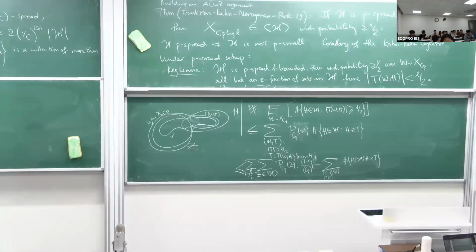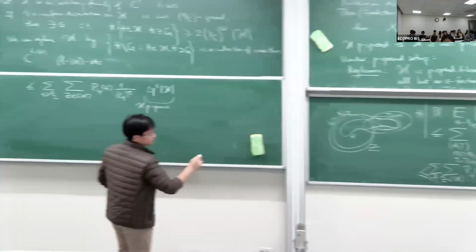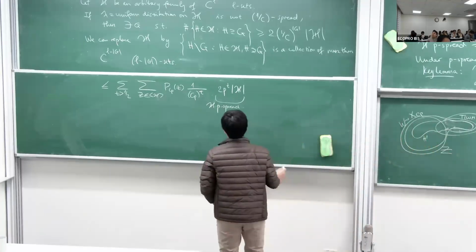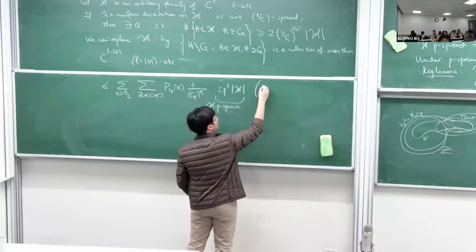And given that, we will have this bound for that count over there. And then the only thing left that we didn't count is the number of ways to choose T as a subset of H hat of size little t. That is going to be L choose T.